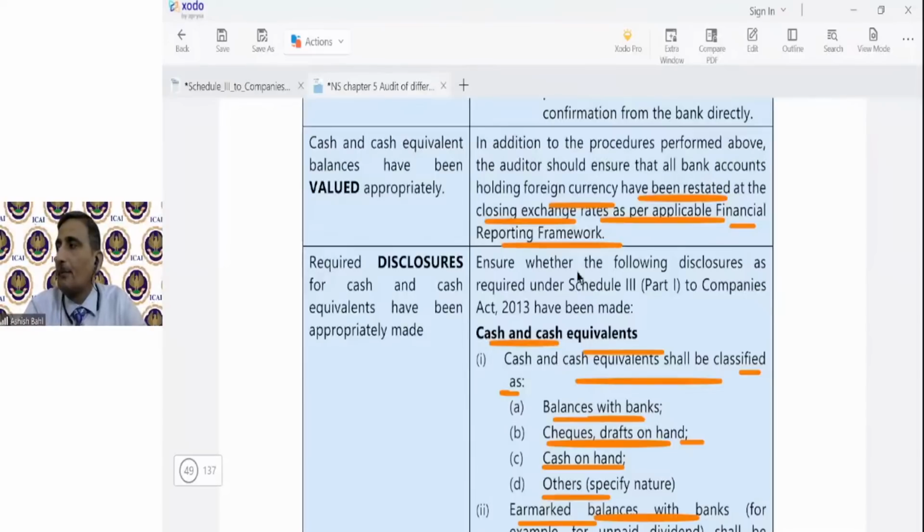Yes, Prince, it is a practical chapter. It is a fully practical chapter. Priyanka, you are asking, if foreign currency is in hand with the company in a locker, how to assess it? Then obviously you would ask the company to show you the foreign currency.